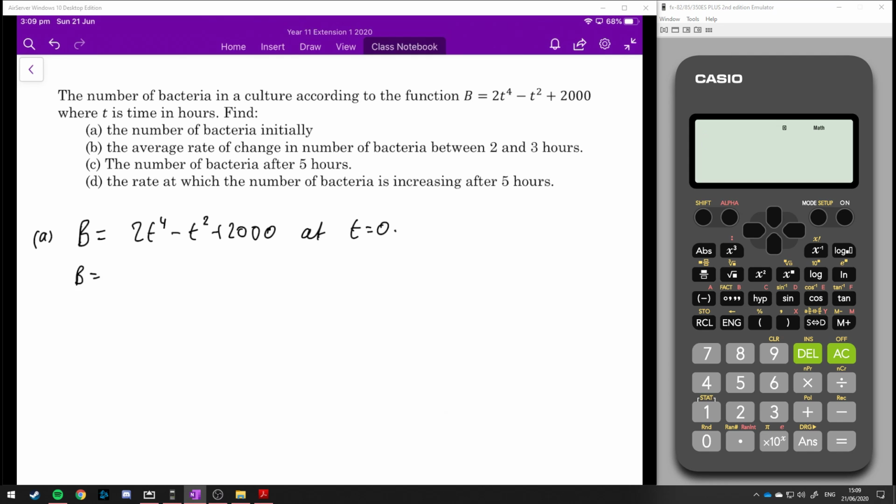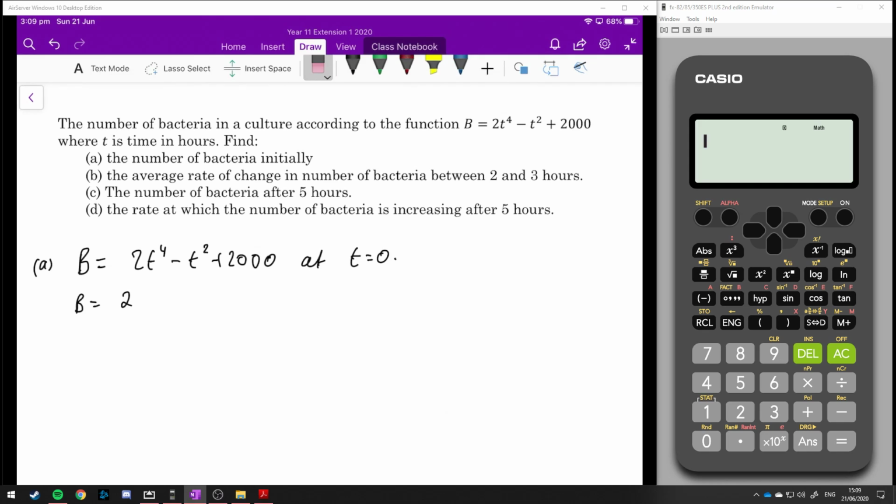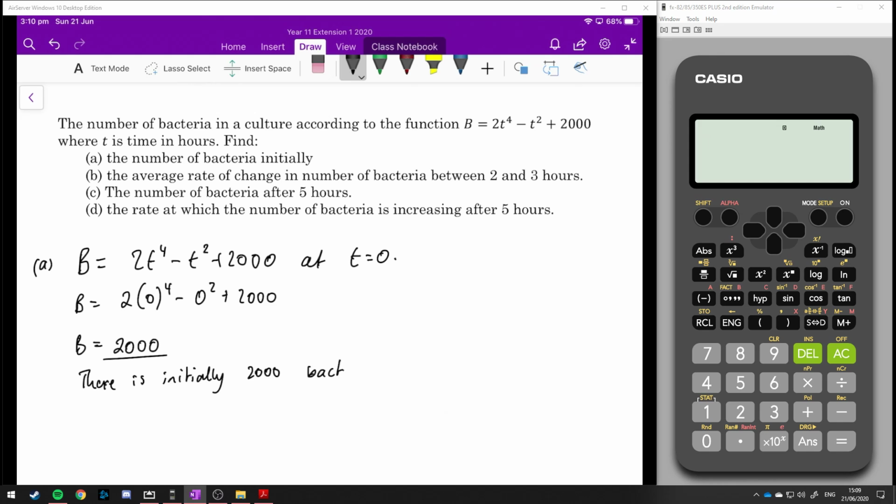We substitute that into our equation: 2 lots of 0 to the power 4 minus 0 squared plus 2000. Put it into a calculator or just do it in your head, and we get 2000. So there is initially 2000 bacteria.